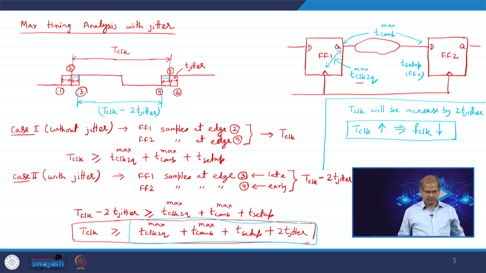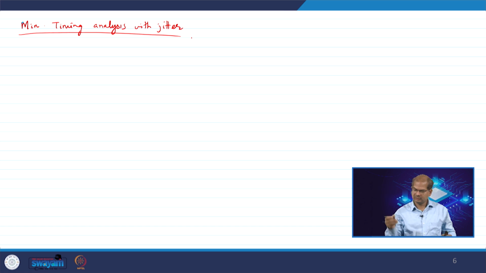Now we will look into min timing analysis. In case of minimum timing analysis with jitter, we need to consider all the minimum paths.